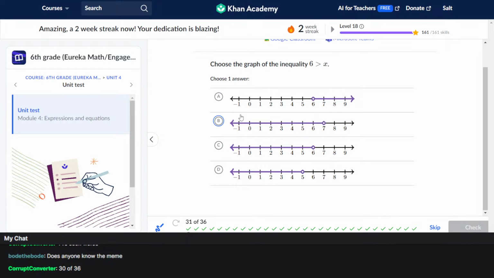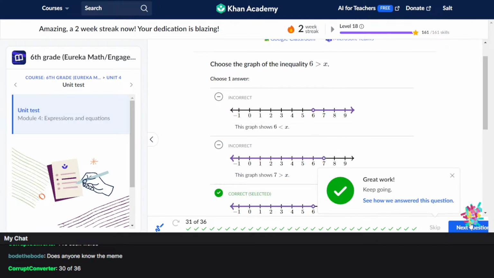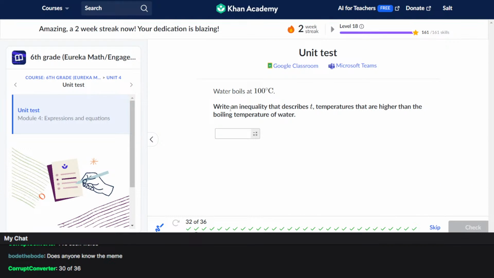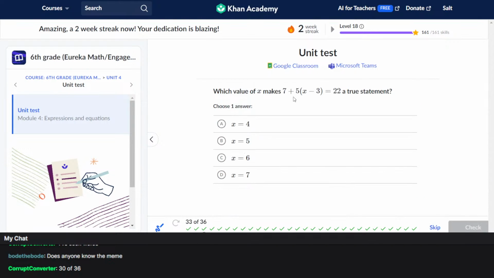X is less than 6. Rendering quality describes temperatures that are higher than the boiling temperature of water. Oh. True statement.